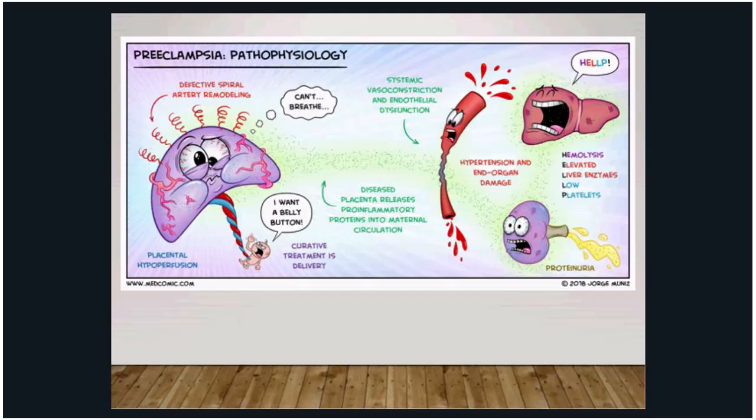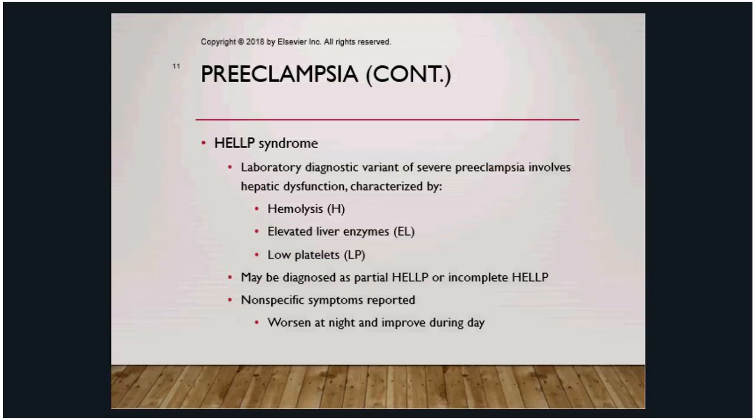You see the kidney leaking proteinuria, and you see the liver screaming help, so you're worried about hemolysis, elevated liver enzymes, low platelets. HELLP syndrome. The diseased placenta releases inflammatory proteins into the maternal circulation. Here's a good picture of preeclampsia pathophysiology.